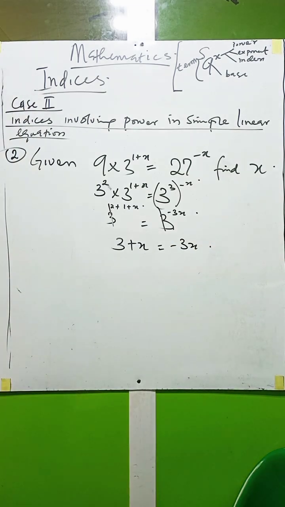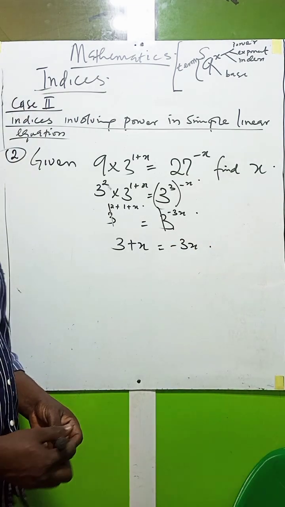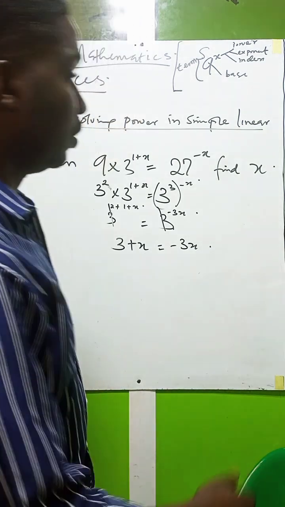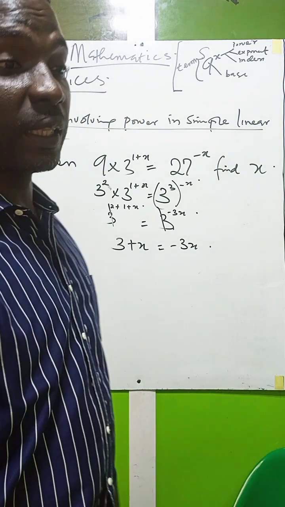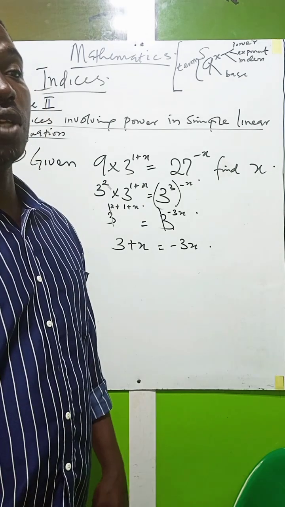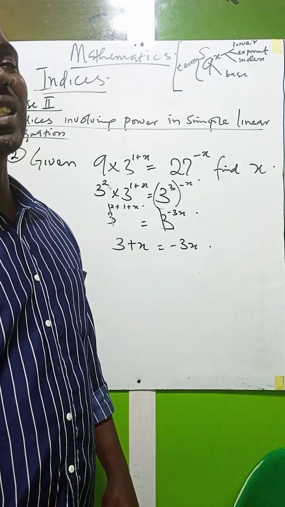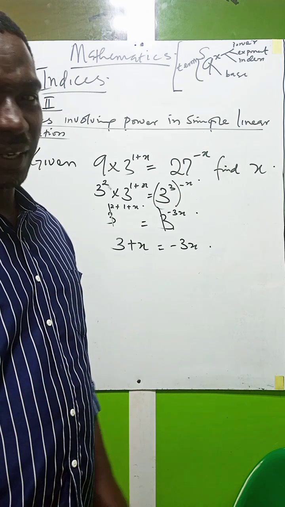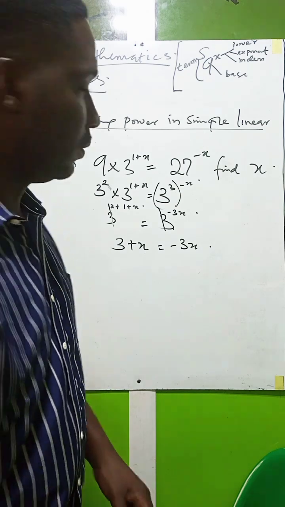Now we'll collect like terms. When we want to collect like terms, we should be mindful of our sign. We should collect our like terms in such a way that the negative sign can be completely eradicated if we can.